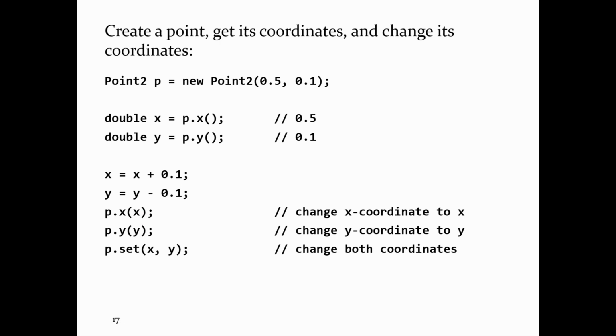But this method has one input, the value of the new x coordinate. So p.x(x) changes the x coordinate of p to whatever value x is, and p.y(y) changes the y coordinate of p to whatever y is. Set lets you change both the x and y coordinates in the same operation. So set(x, y) changes the coordinates of p to x and y.